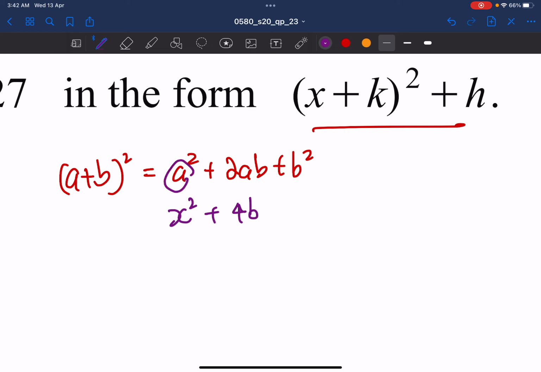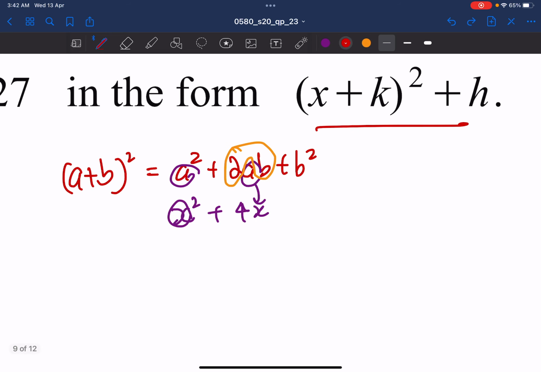Now, if I take a to be x, and so this b is... oh, sorry, this is not b, this is x, right? So a is x, which means that the 2b is 4. In order to make this a complete square, I need to add b squared, and b is half of 2b, right?